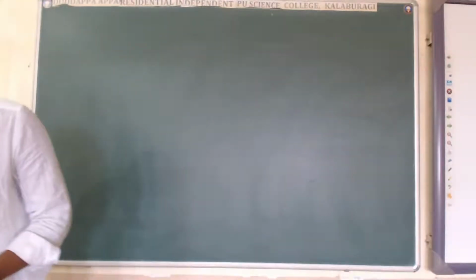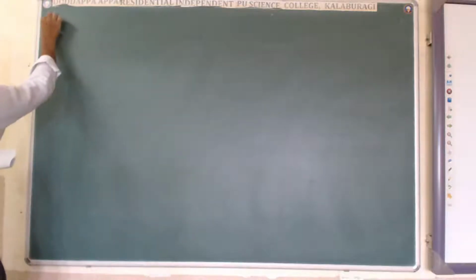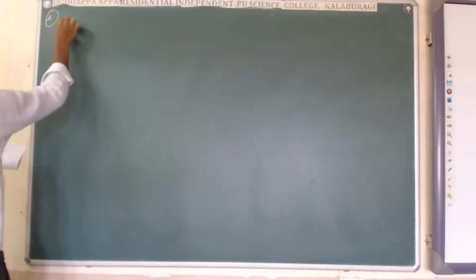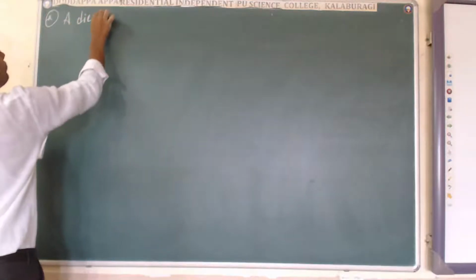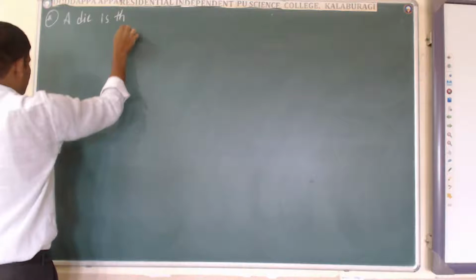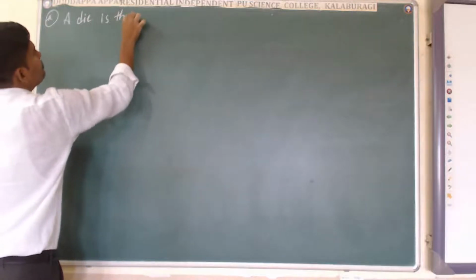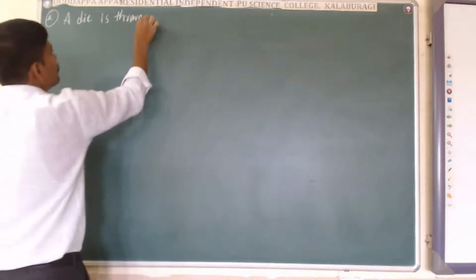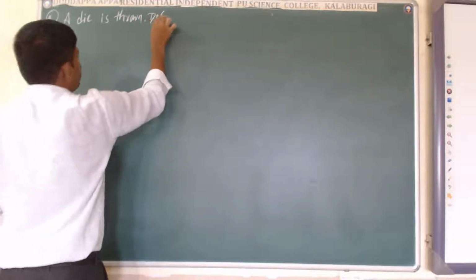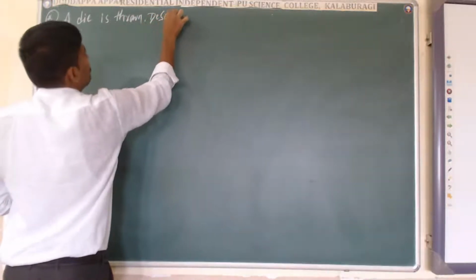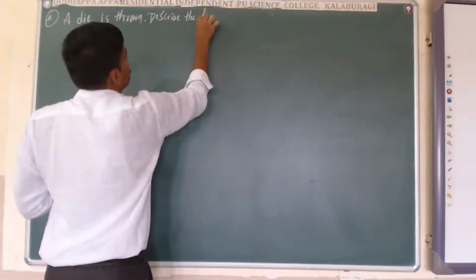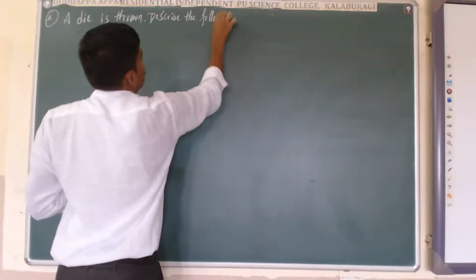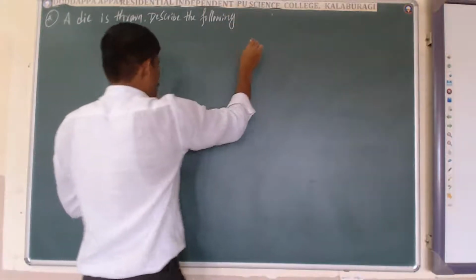The next question is, a die is thrown. Describe the following events.